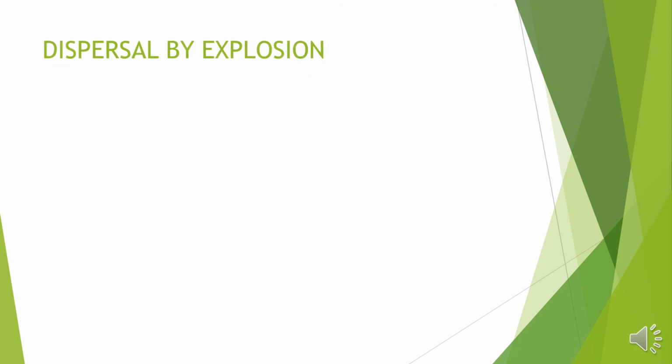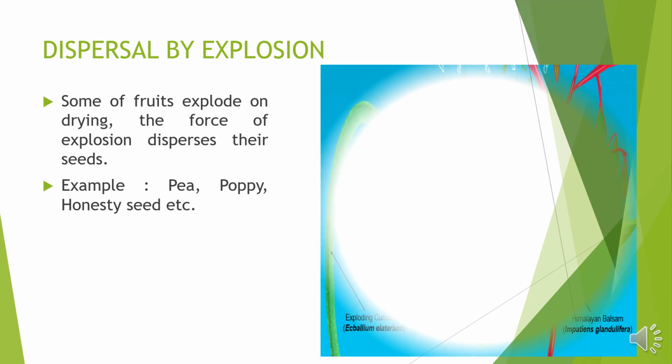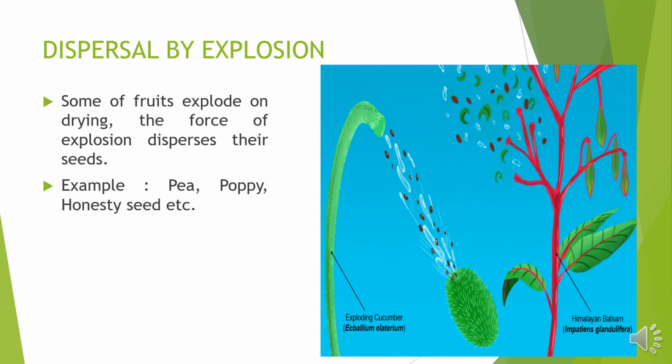Dispersal by explosion. Some fruits explode on drying. The force of explosion disperses their seeds. For example, pea, poppy, honesty seeds, etc. disperse by explosion.